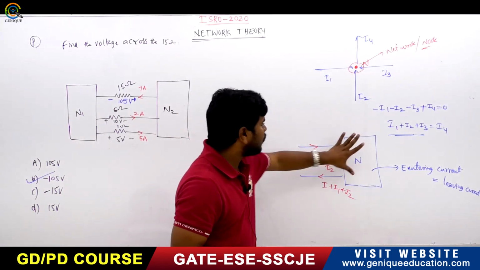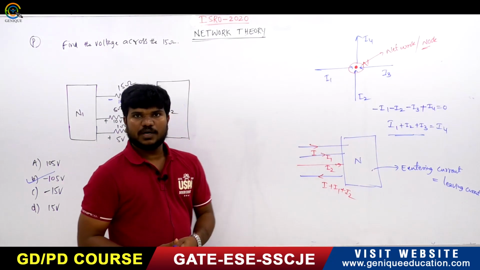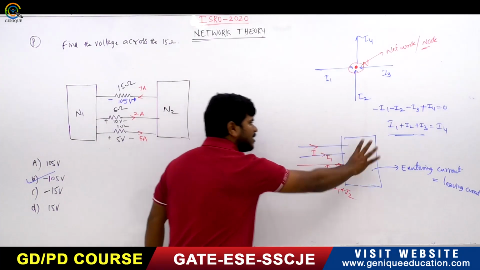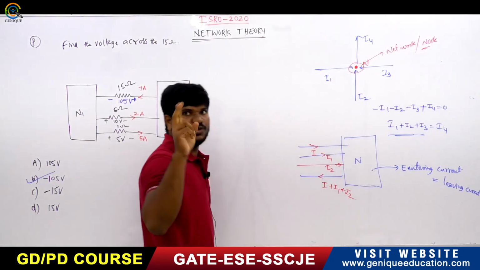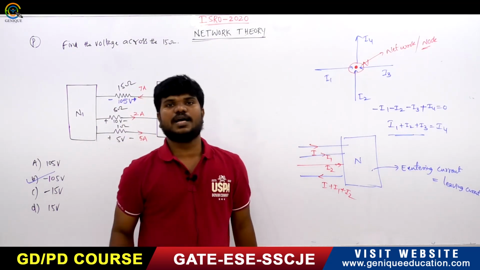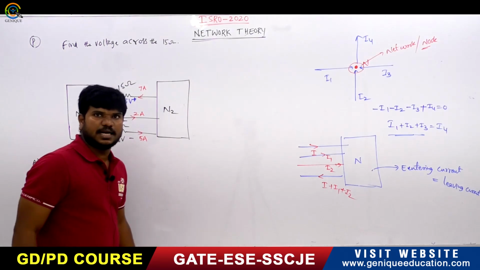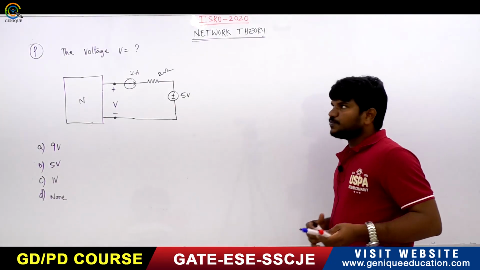No need to think about what elements are inside the network. No matter what elements are inside, don't bother about that. When he is asking about the current, you should only focus on the entering current and the leaving current. That is the thing you have to understand. Understand? Okay.